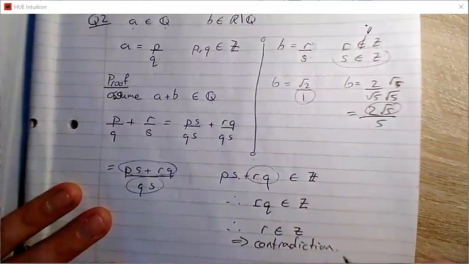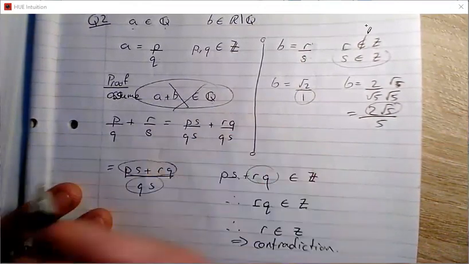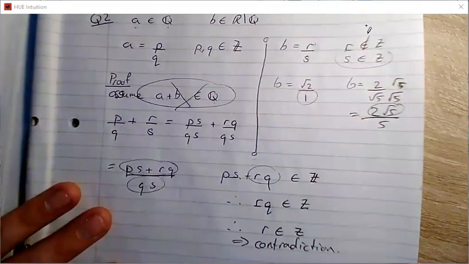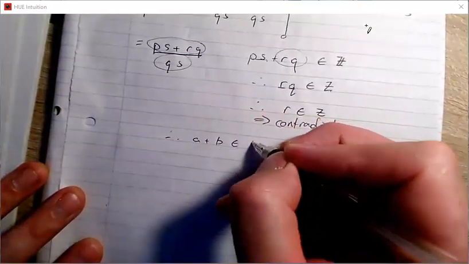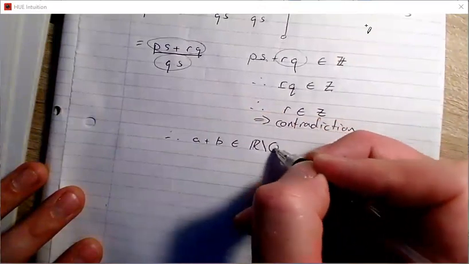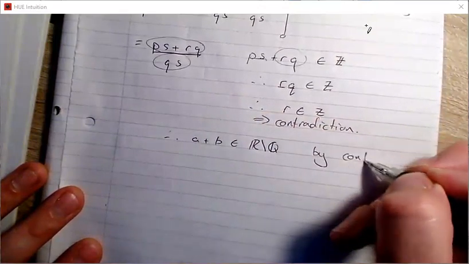So then you have to go back and look at your assumption that a plus b is rational. That's false. Okay, so we've proved by contradiction that a plus b is an irrational number. Okay, therefore, a plus b is an irrational number. That's written like this, by contradiction.